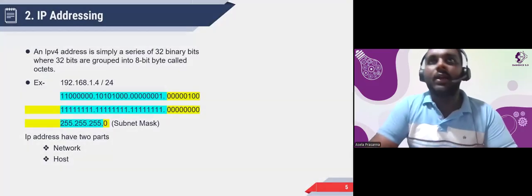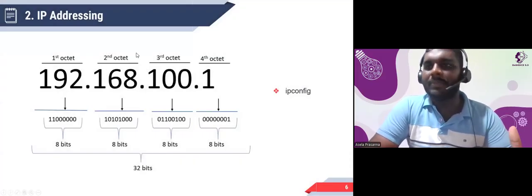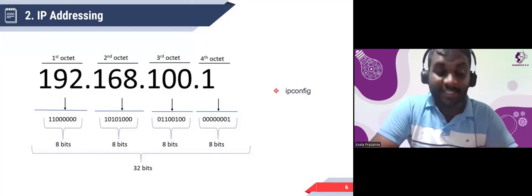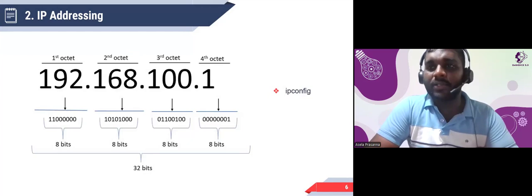There are two types of IP addresses in the world up to now: IPv4 and IPv6. If you are curious about networking, you can also search why there's no IPv5. From 4 itself, they went to 6.